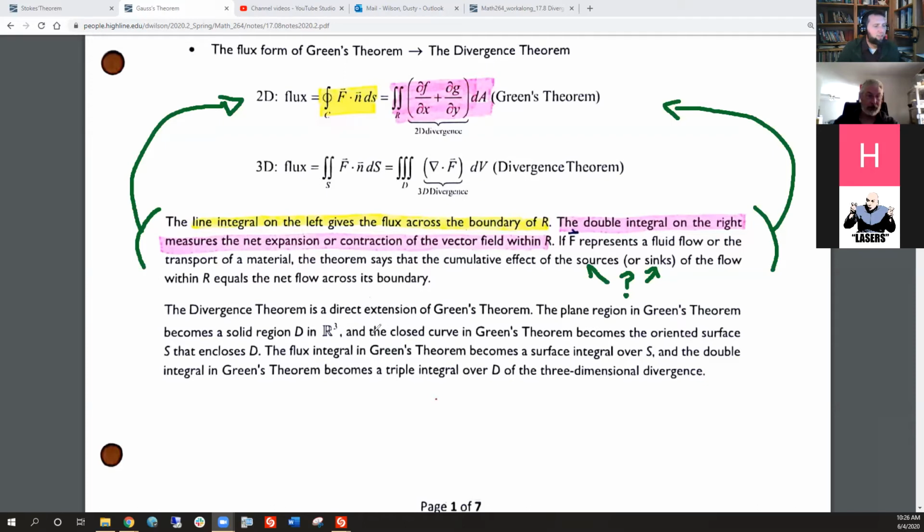So the divergence theorem is a direct extension of Green's theorem. The plane region in Green's theorem becomes a solid region, and the closed curve in Green's theorem becomes the oriented surface S that encloses D. The flux integral in Green's theorem becomes a surface integral. The double integral in Green's theorem becomes a triple integral over the three-dimensional divergence.